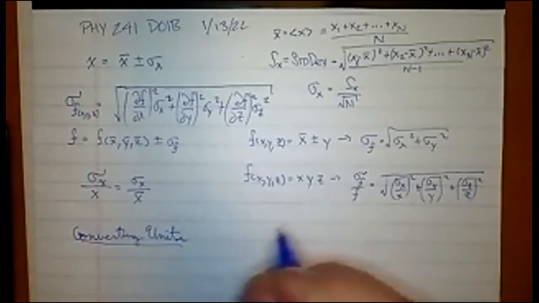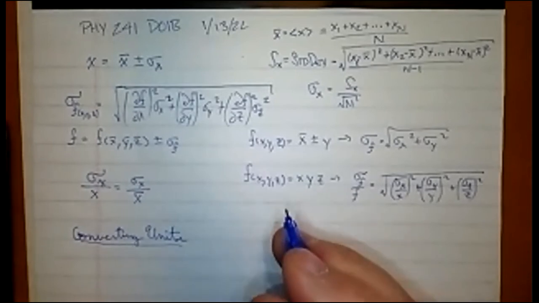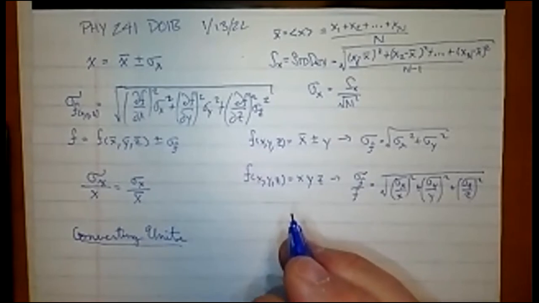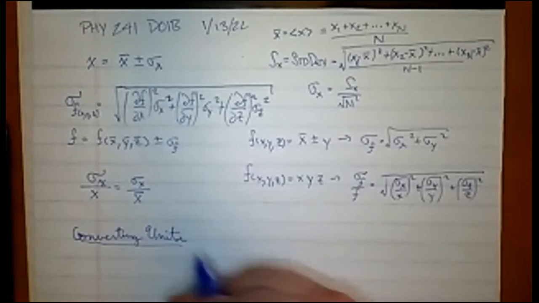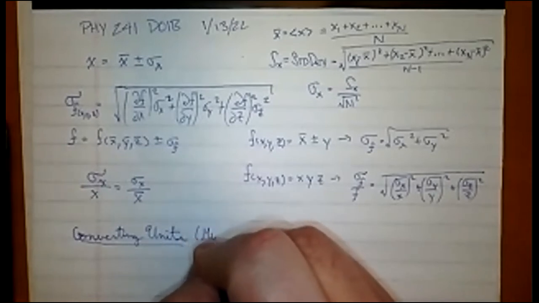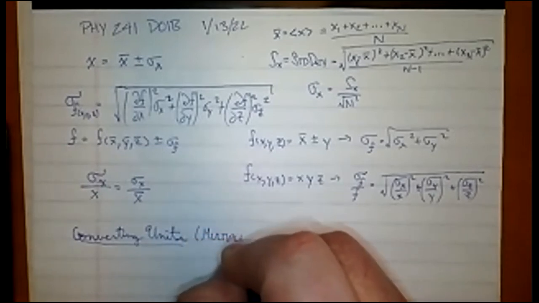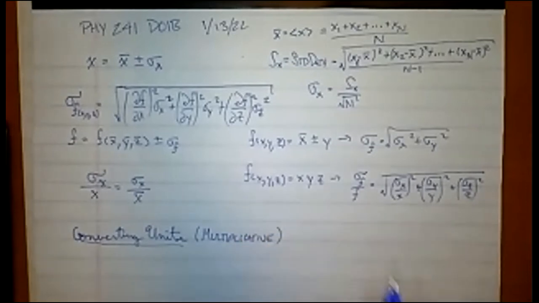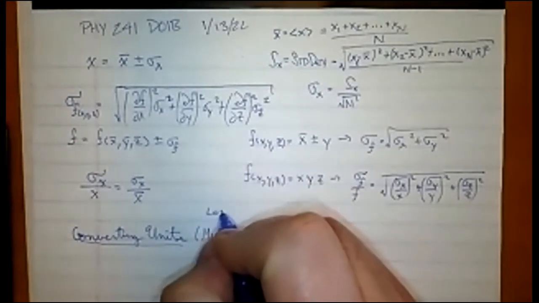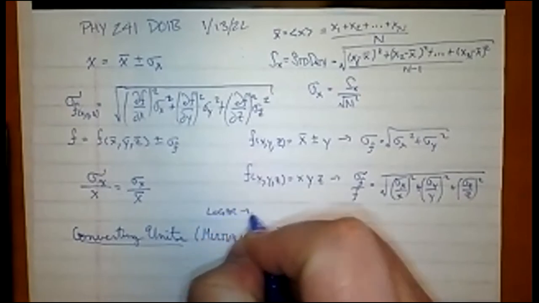So converting units, basically, there's a couple of ways you can do it. There's some that are logarithmic, some that are additive, some that are linearly related. These are all multiplicative. The other ones, logarithmic, is like decibels.